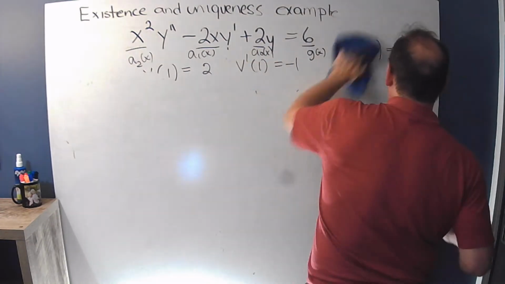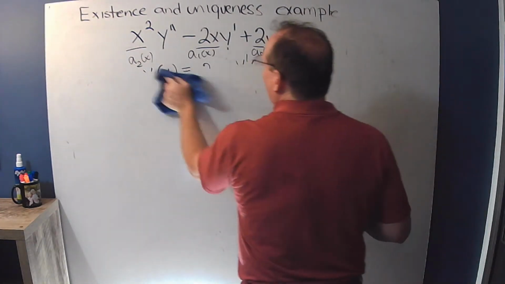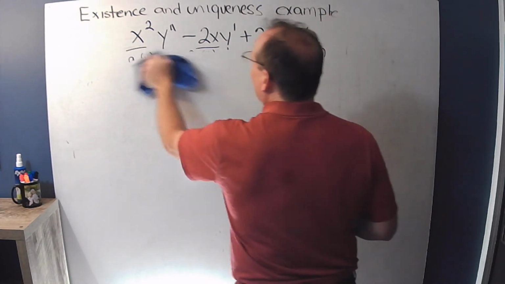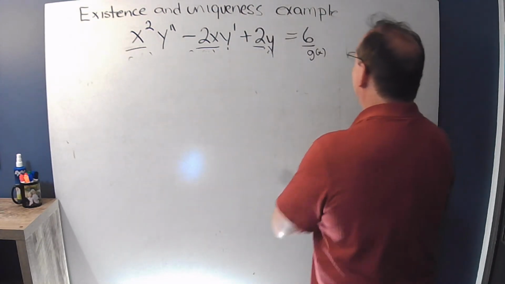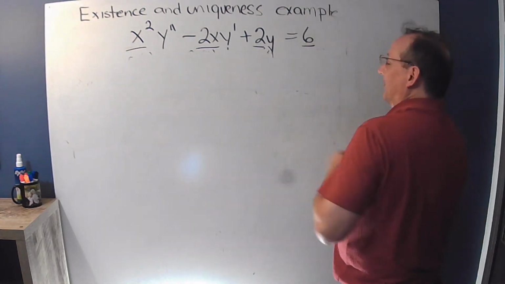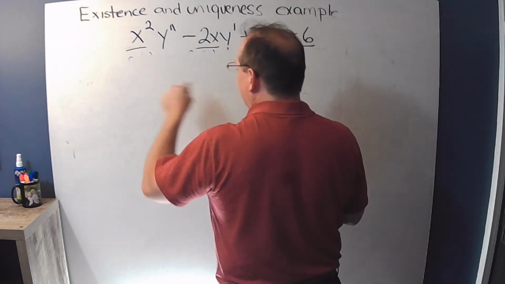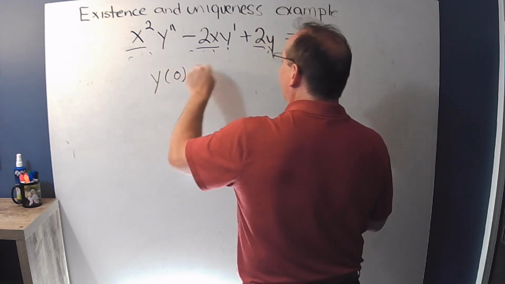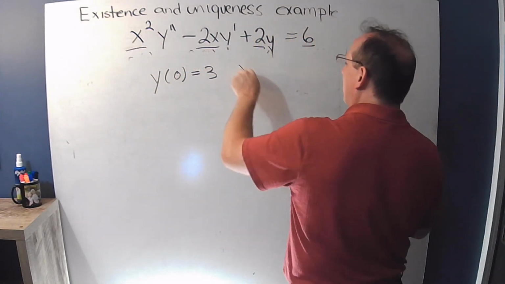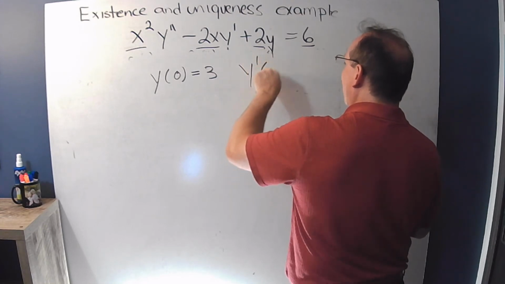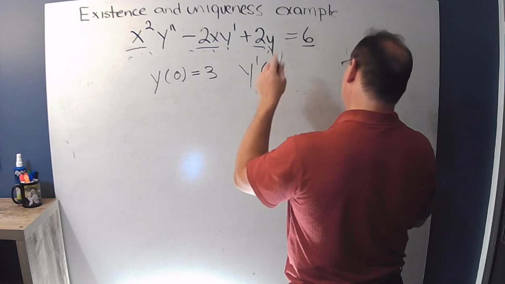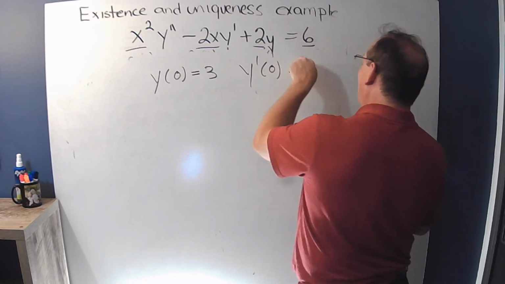Okay, so I'm going to keep the same equation. I'm going to change the initial conditions though, and I'm going to change the interval. So we'll say y of 0 is 3, and y prime of 0 being 1.